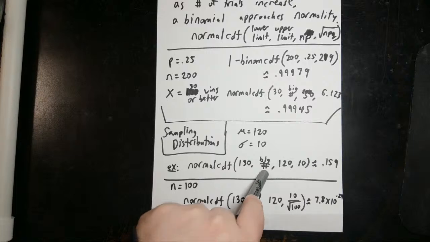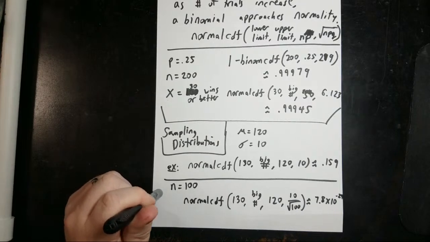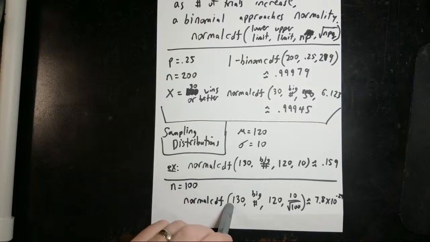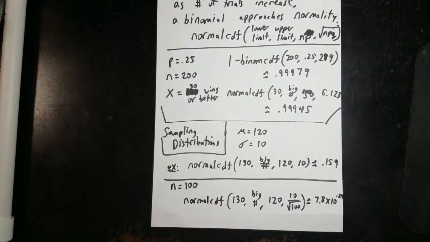But if I'm looking at a mean of 100 people taken from a sample being 130 or better, the chances of that happening are almost nothing. It's a big difference between the two with sampling distributions.